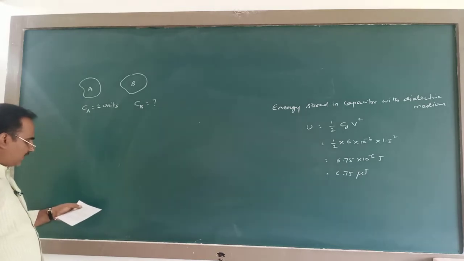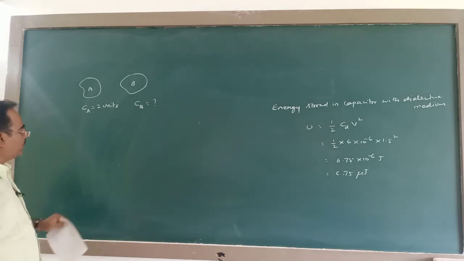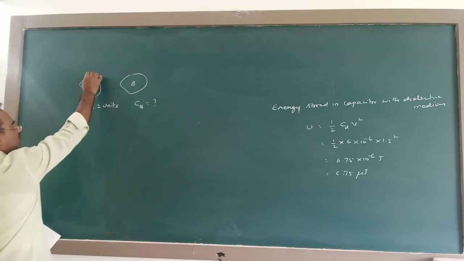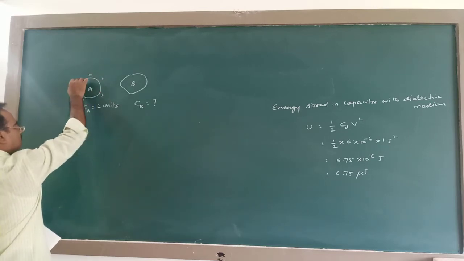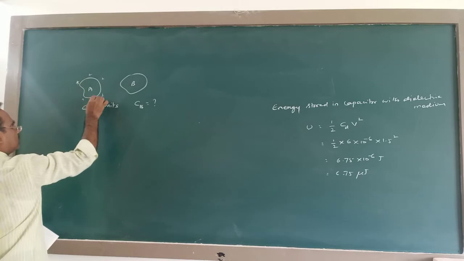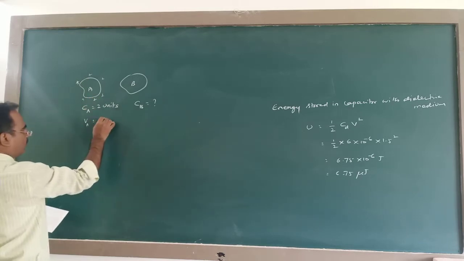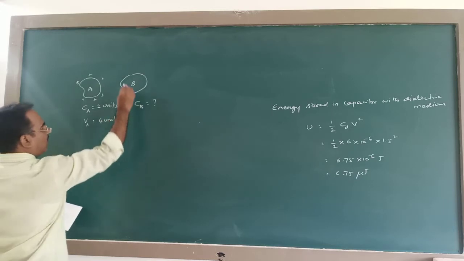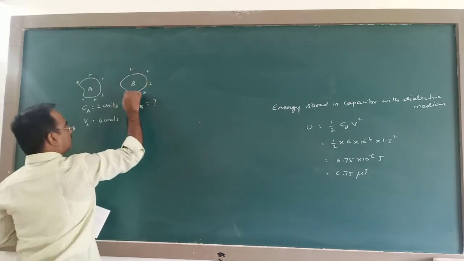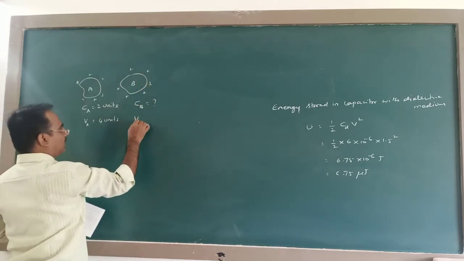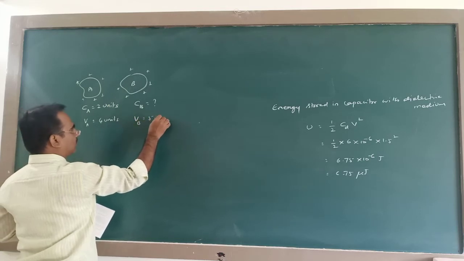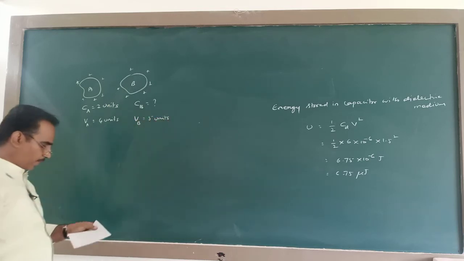They are charged until their potentials are 4 and 5 units. So this is charged till its potential is 4 units, and this is also charged till its potential is 5 units.